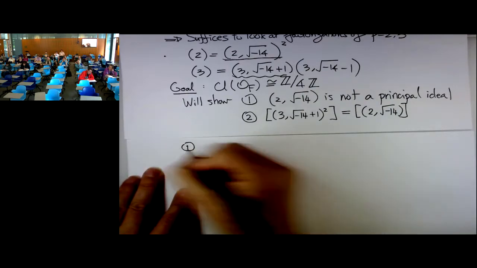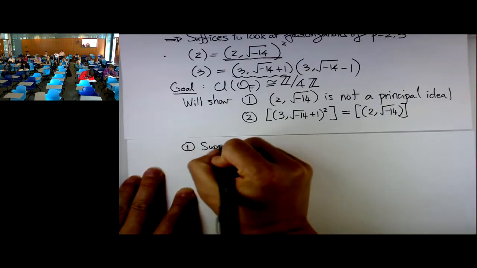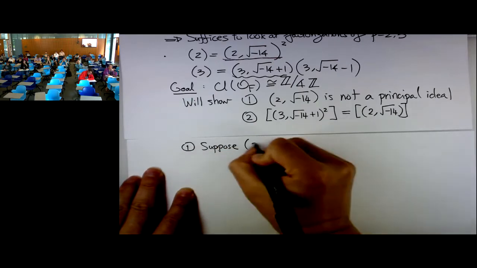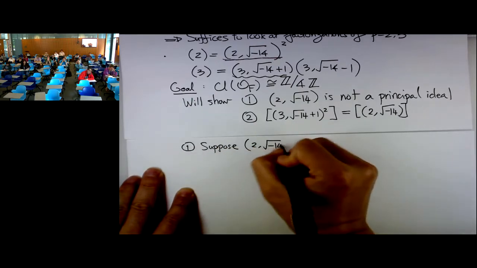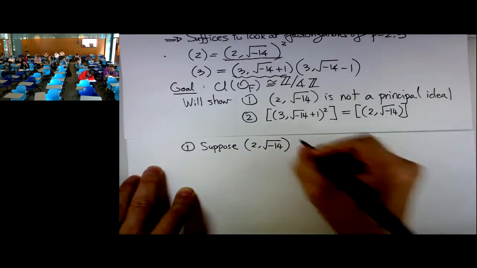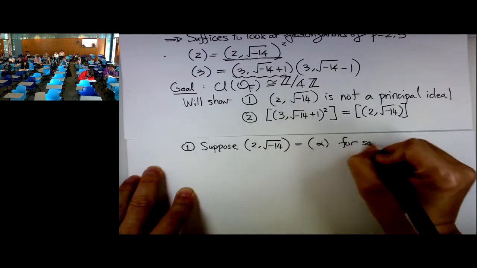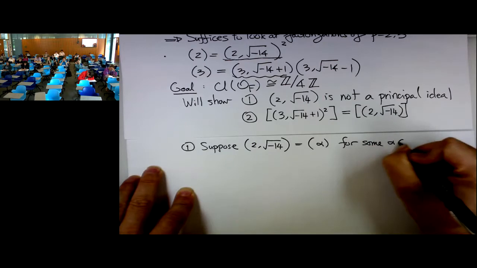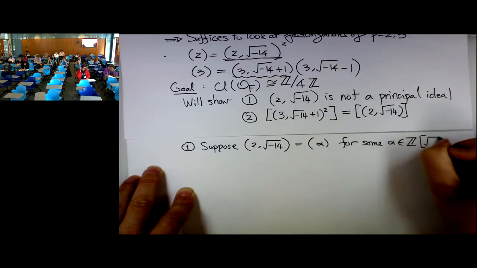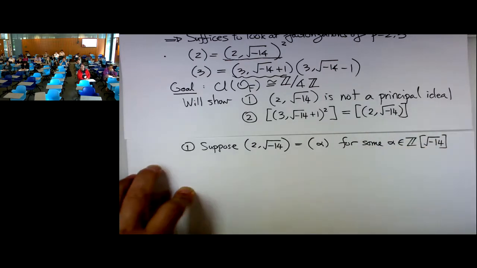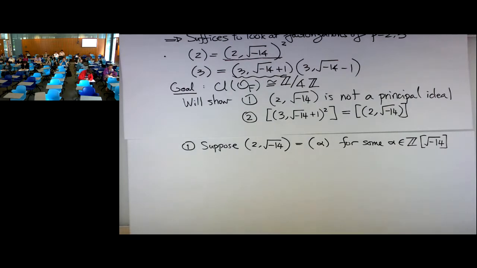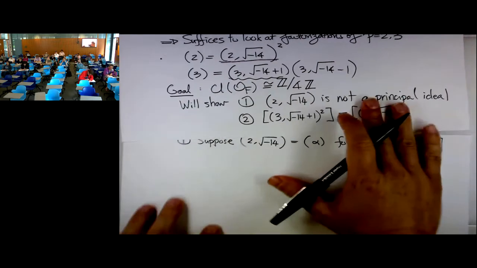So for step 1, suppose not. Suppose this ideal (2, root of -14) is principal, generated by some alpha in O_F. This is a typical argument you use in the case of an imaginary quadratic field.